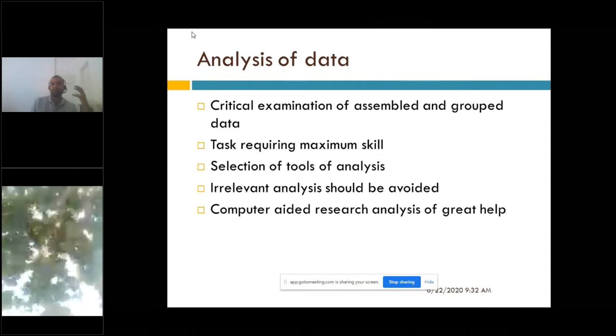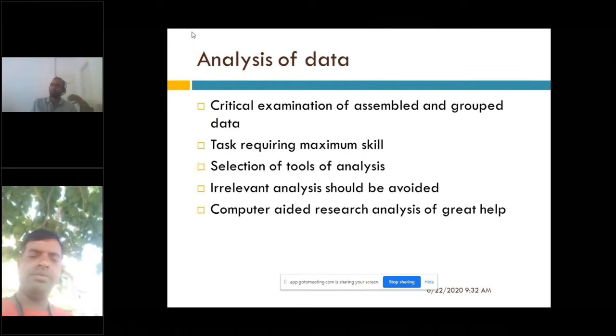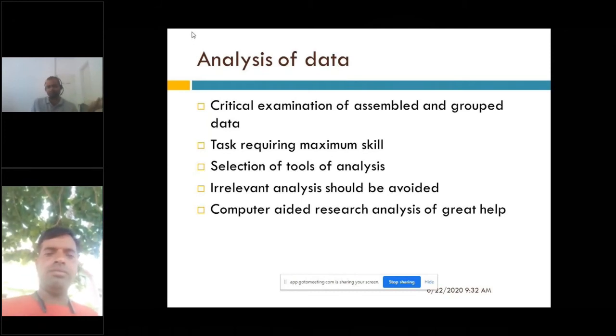We can't do any other kind of analysis. In case of ordinal, we can go for rank correlation. In case of interval scale, we can have all possible research because it is just like a natural number, artificial natural number. And in case of ratio scale, we can have a lot of statistical analysis.